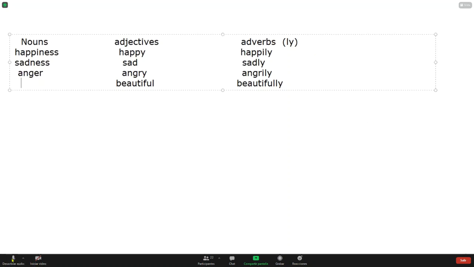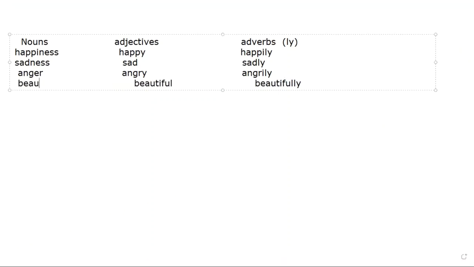Beauty. Right, and the beast. Okay, there it is. So noun, beauty. Adjective, beautiful. Adverb, beautifully. Right? So you see, as simple as that.